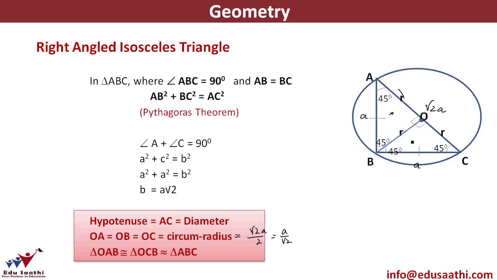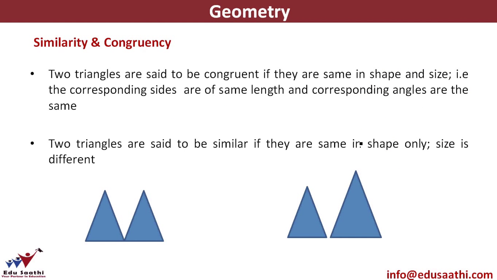So these two triangles are congruent and they are similar to the original triangle ABC that we have.